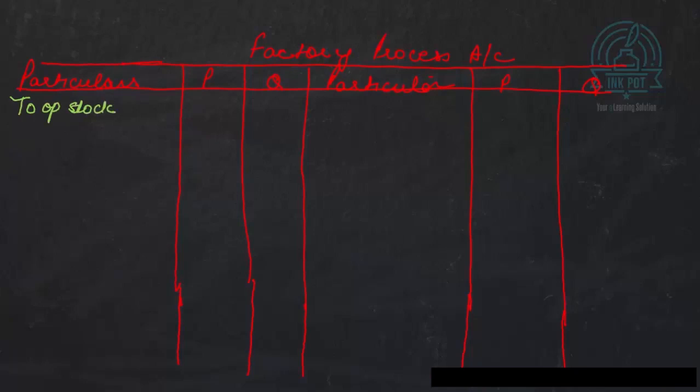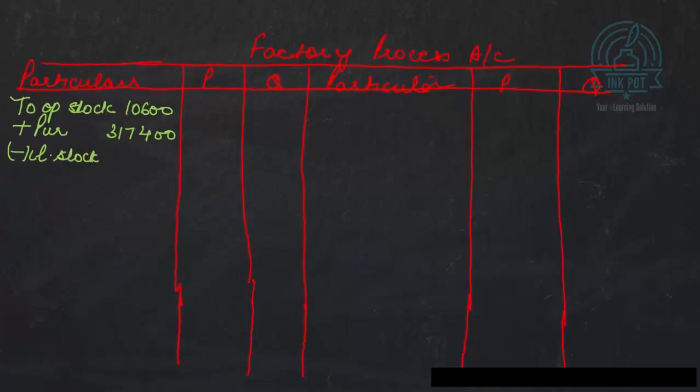Opening stock is how much? It was, I think, 10600 plus purchases, which is 317400, right, minus closing stock.